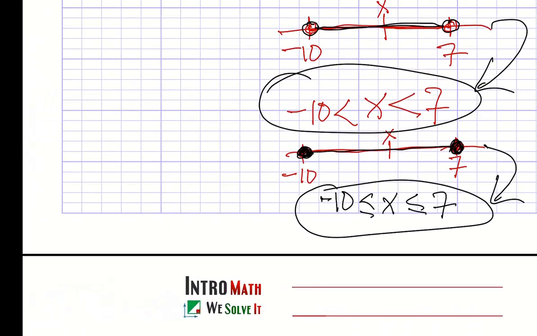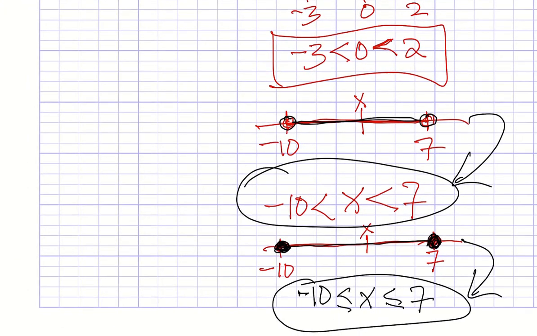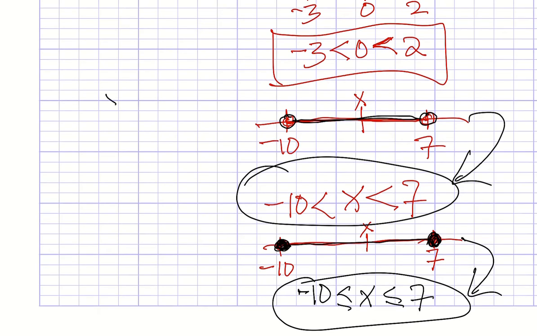There may be an occasion, let me show you, where I put it on the left here. You could have a situation where you have x, let's say this is 7, and then you say x is less than 7.